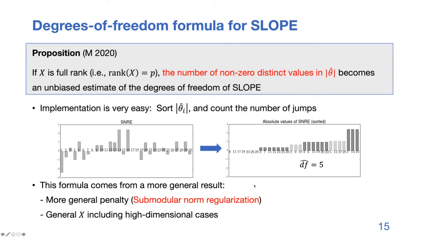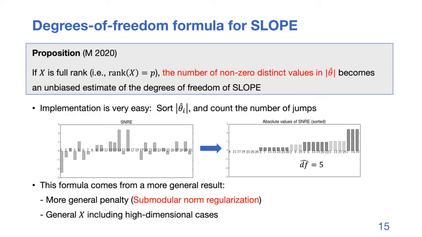So here is the revised version of the degrees of freedom formula for SLOPE. Okay. So let's say X is full rank. Then the number of non-zero distinct values in absolute values in theta hat becomes an unbiased estimate of the degrees of freedom of SLOPE. Okay.